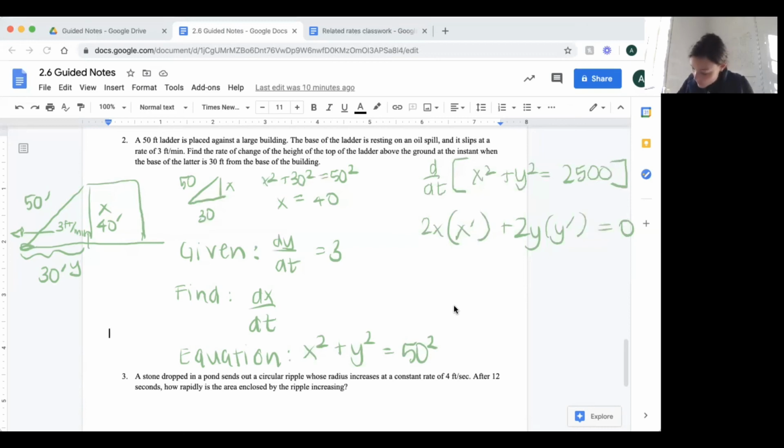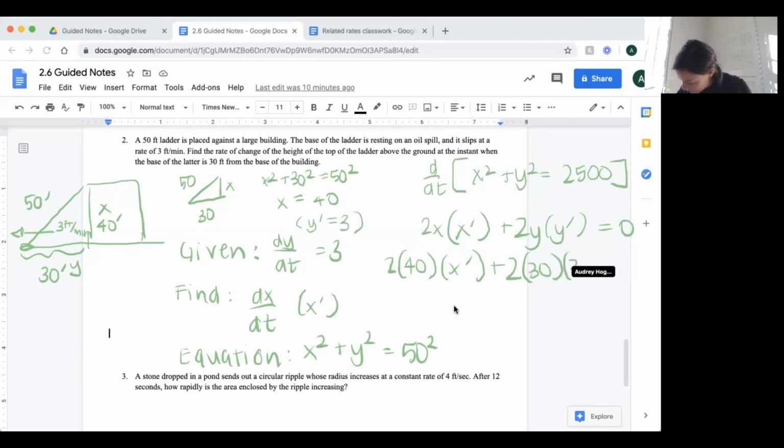Then I plug in what I know. 2 times x, which is 40, times x prime, dx over dt, which is what I'm trying to find, plus 2 times y, which I know is 30, times y prime, which I know is 3, is equal to 0. So I get 80 x prime plus 180 equals 0.